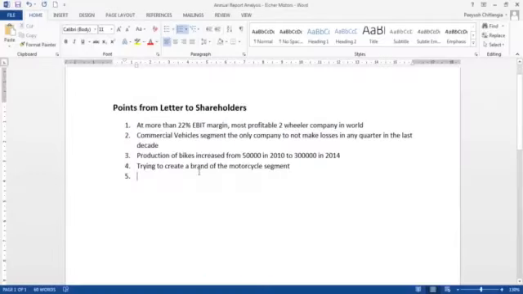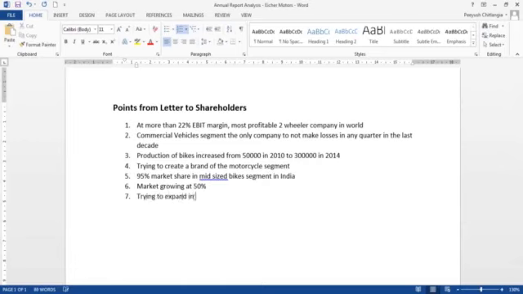So what else do we learn? 95% market share in the mid-sized bike segment in India, market growing at 50%, right? Then trying to expand in international markets with similar characteristics as India, right?